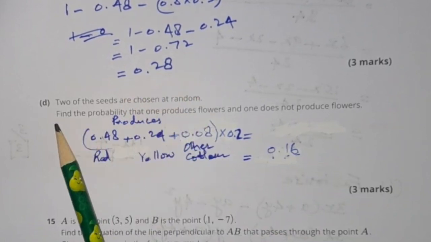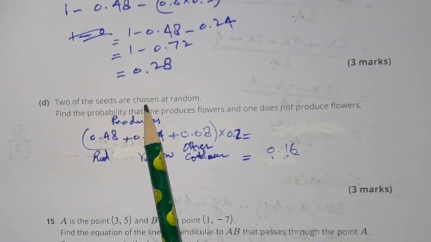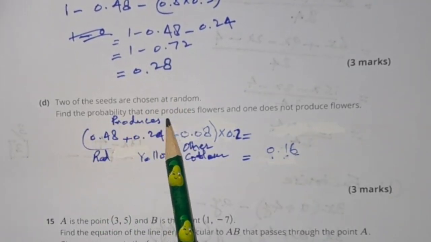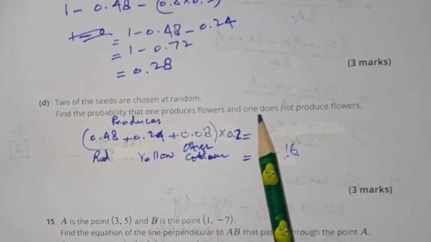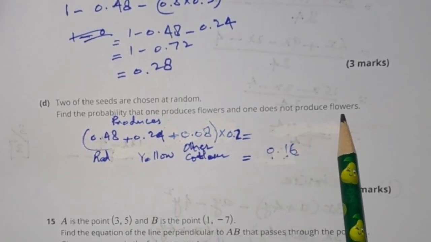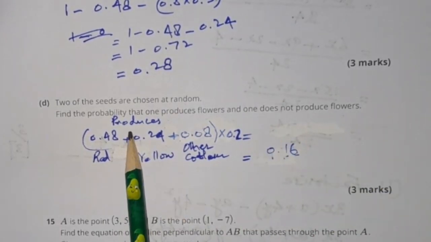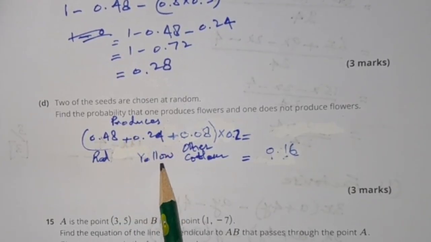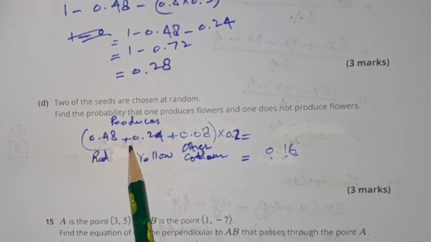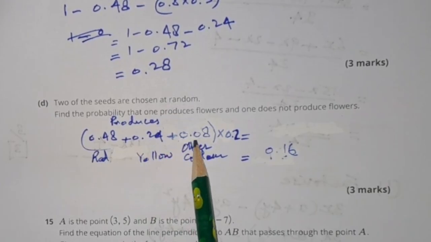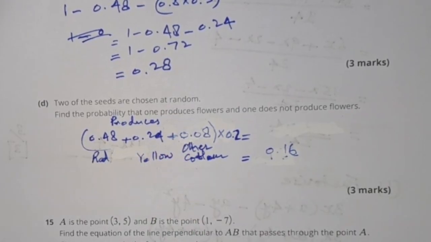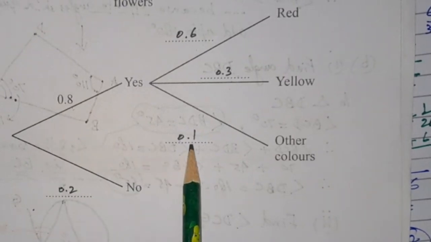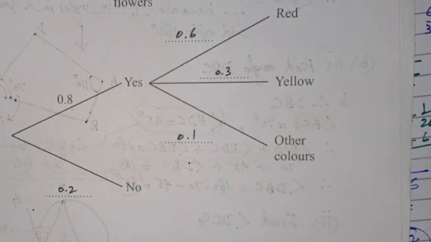Then we go to part D. Two of the seeds are chosen at random. Find the probability that one produces flowers and one does not produce flowers. The one which produces flowers, it will either produce red or yellow or other color. So we add the probabilities together, and this 0.108 comes from the tree diagram. 0.8 into 0.1 makes 0.08.